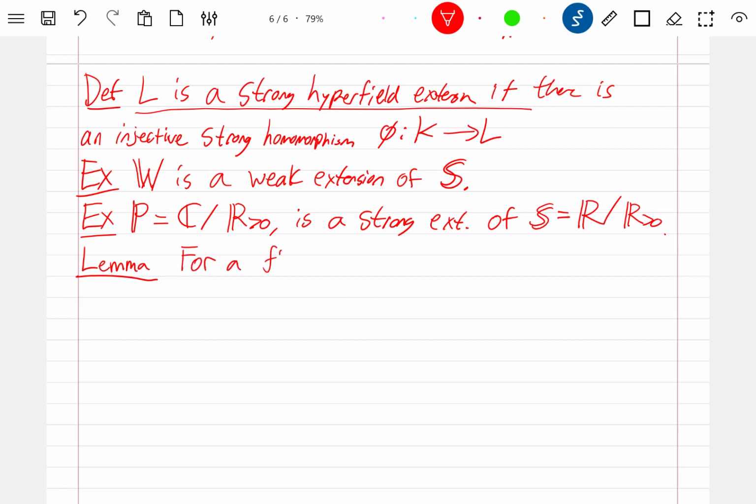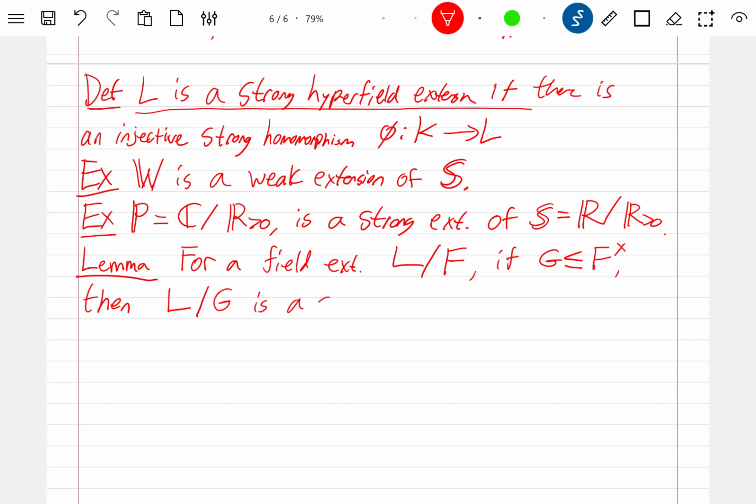For a field extension, if L is an extension of the field F, and if I take G, a subgroup of the multiplicative group of F, then we'll have that L modded out by G is a strong extension of F modded out by G, where these have the natural quotient hyperfield structures.